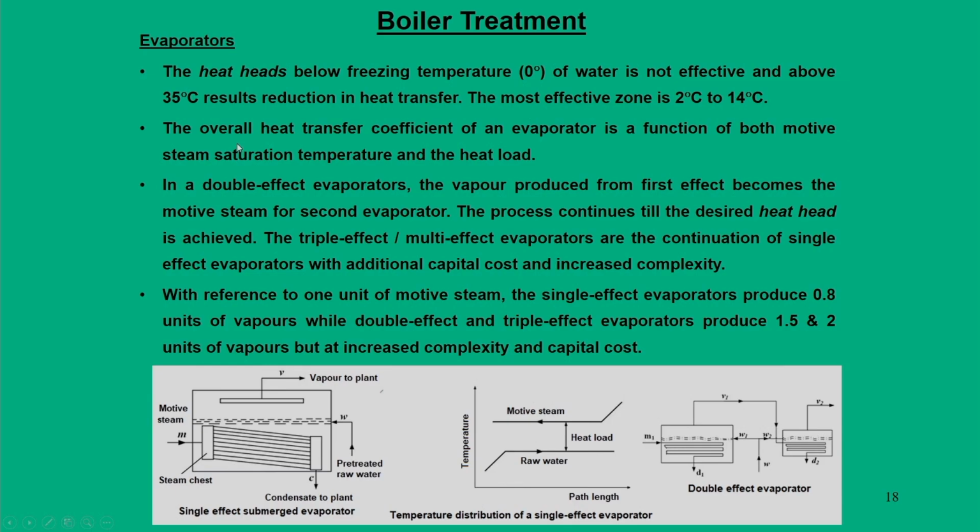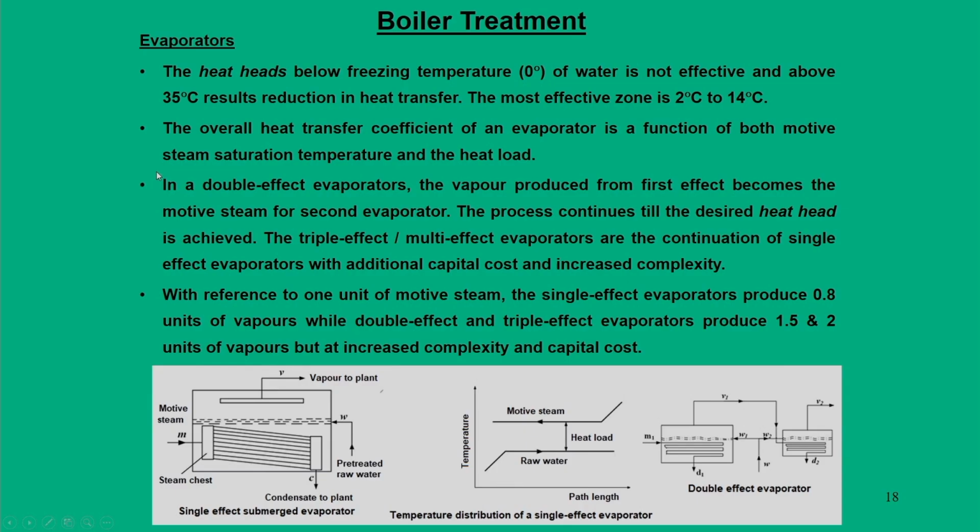There is also a concept, since we are dealing with tubes, that we require the determination of the overall heat transfer coefficient for the evaporator, which is essentially a function of the motive steam saturation temperature and heat load.